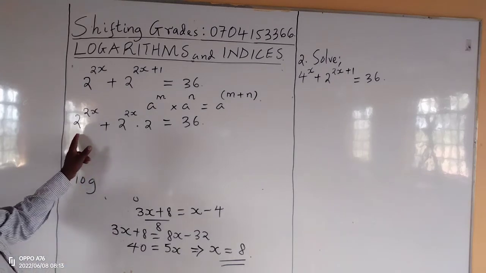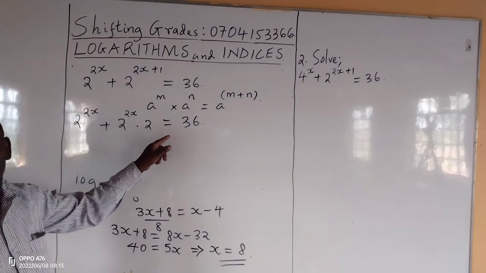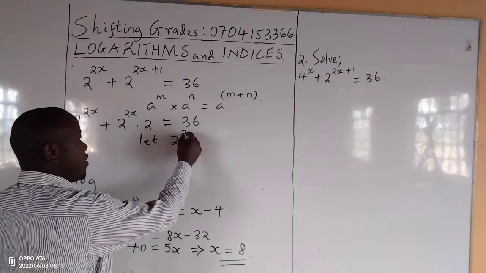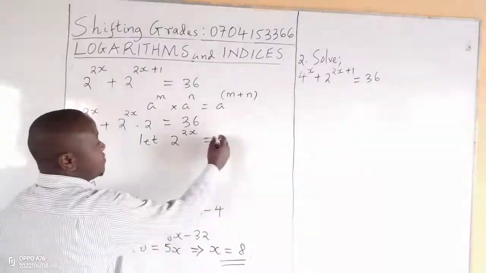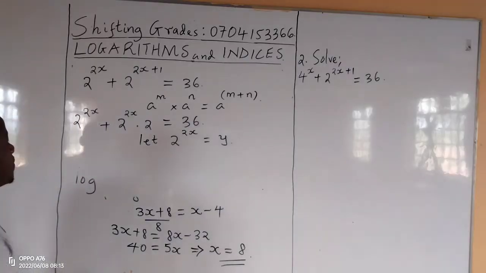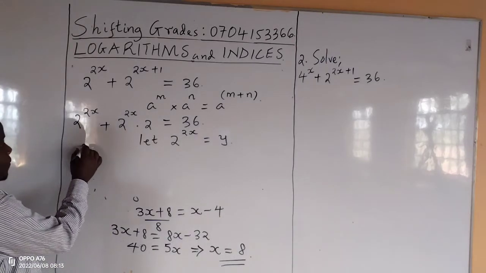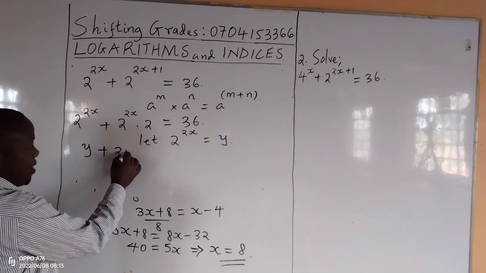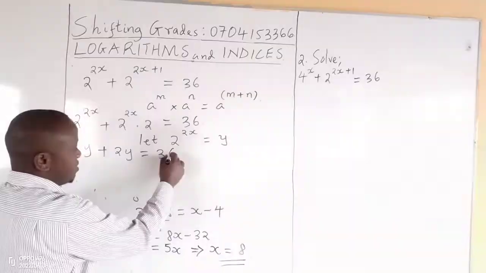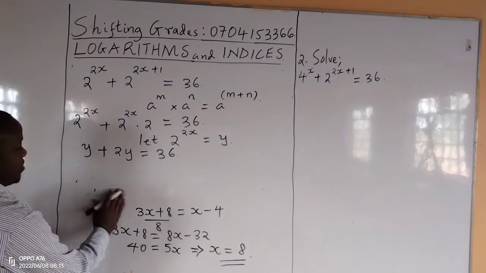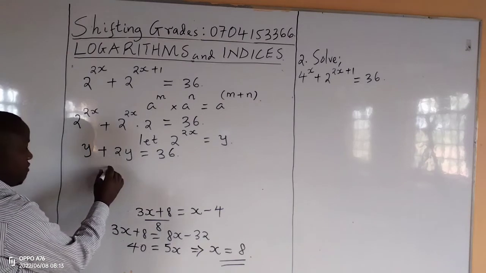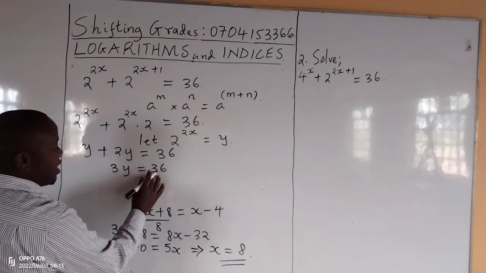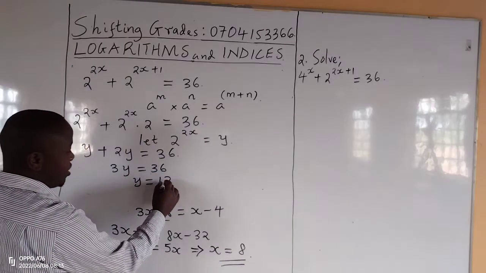We can see 2 power 2x is now appearing 2 times, so we let 2 raised to 2x be an unknown, say y. This one becomes y, plus 2 times y, so 3y equals 36. Grouping like terms, this makes y equal to 12.